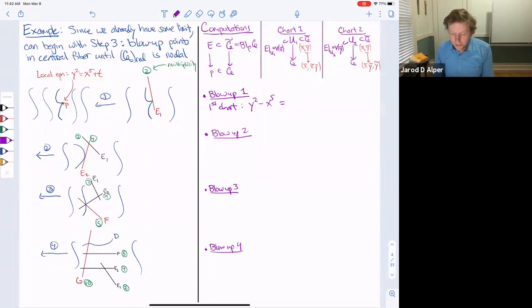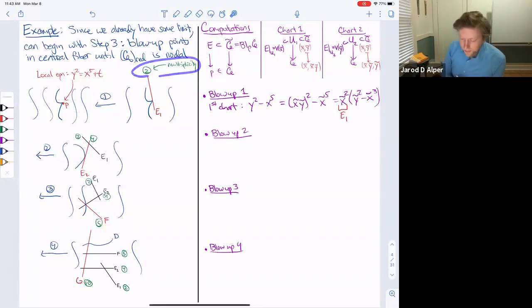If I compute the pre-image in the first chart, y becomes x tilde y tilde, giving x tilde squared y tilde squared minus x tilde to the fifth, which factors as x tilde squared times (y tilde squared minus x tilde cubed). And x tilde in this chart is the equation of the exceptional divisor. So I get two copies of E1, and E1 is this rational curve here. I'm keeping track of the multiplicity in green, so 2 is the multiplicity.